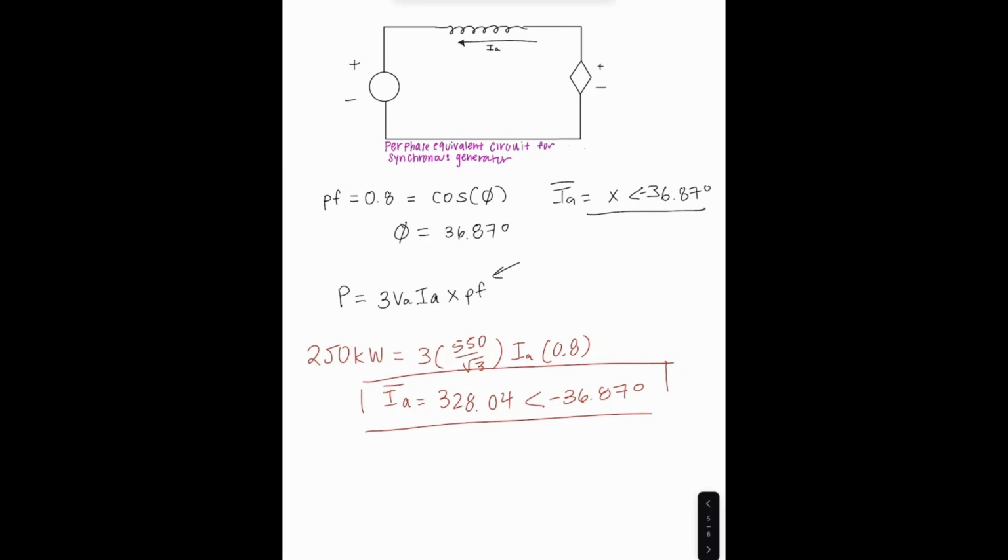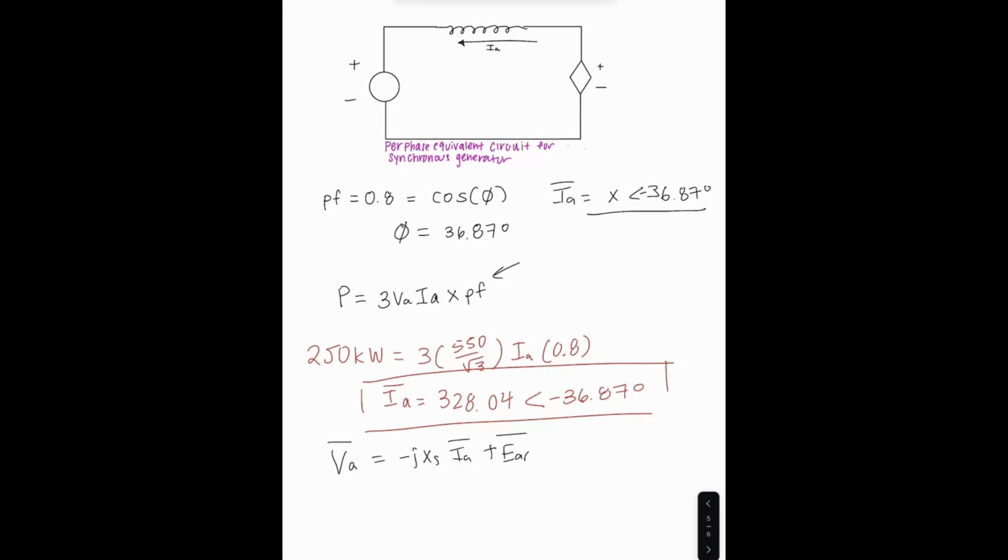And so why do we need this? Right? It's asking for the excitation voltage and it's asking for delta. So why do we need the generator current? Well, actually, the generator current has a relationship with the excitation voltage, right? So for this convention, VA is equal to negative J XS IA plus the excitation voltage, right?